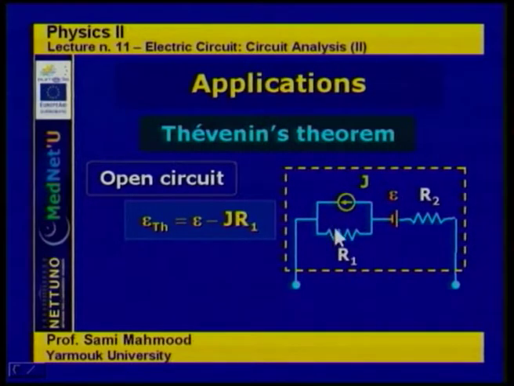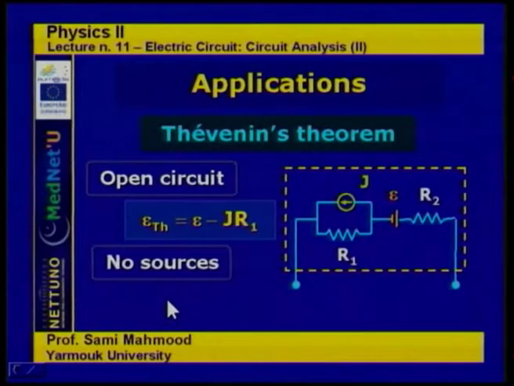J is flowing in this loop, and the potential drop between this point and this point is equal to J times R1, but this potential drop goes from positive to negative, and here it's going from negative to positive, going across this branch. So the direction of epsilon is opposite to the direction of the potential provided by the current generator. So the total voltage difference is simply epsilon minus J R1. That is epsilon Thevenin. That's the potential difference between these 2 points.